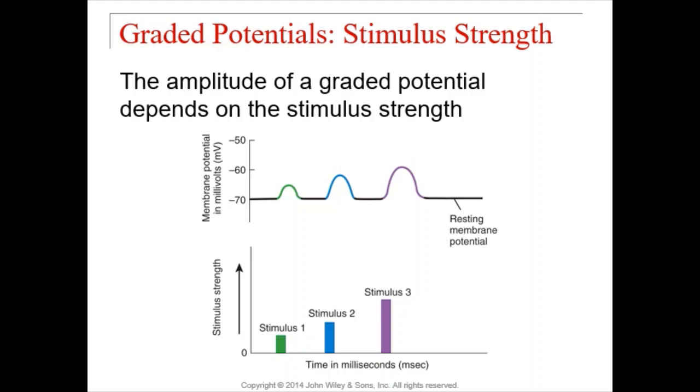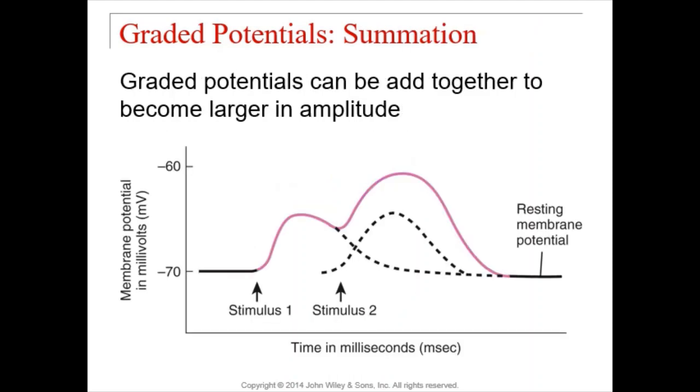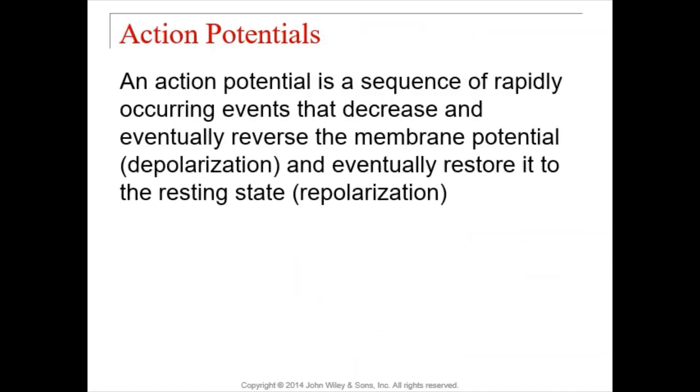And you can imagine stimulus 3, that's probably you losing a limb. If you lose a limb, that's going to be a big pain signal. So you're going to have a big stimulus. You're going to have to tell the brain now, I'm in a lot of pain. So you're going to have to generate an even bigger graded potential. So this slide is just basically showing that graded potentials can vary in size. It's just related to the stimulus.